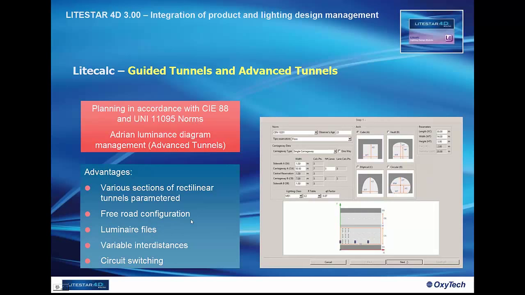We can manage a free-road configuration, and we can have various sections of rectilinear tunnels, parametered. So it means that in any case, this is not something fixed. It is something that you can configure so that you may have the section of the tunnel exactly as the reality.